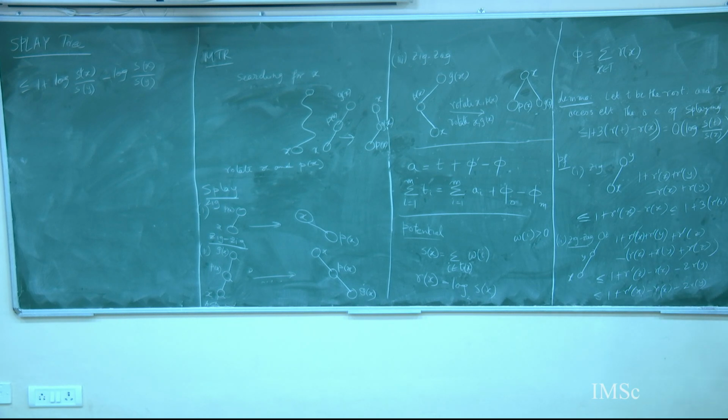Let's replace r of x by this. Minus r of x minus r of y. Just some manipulation so that we can get a bound.